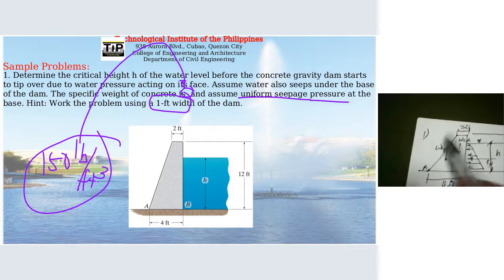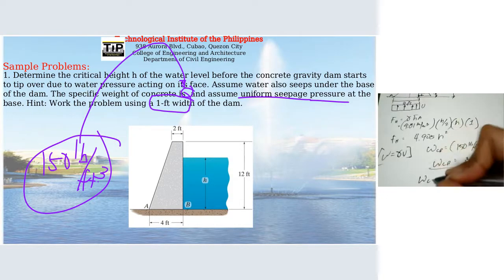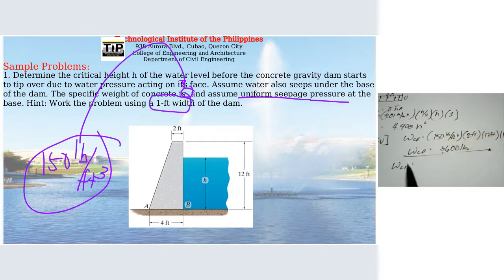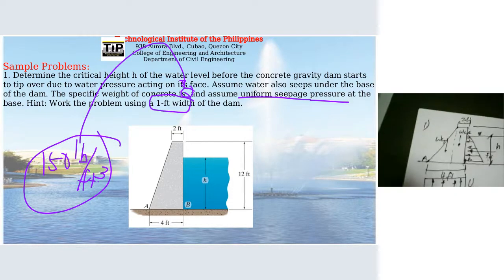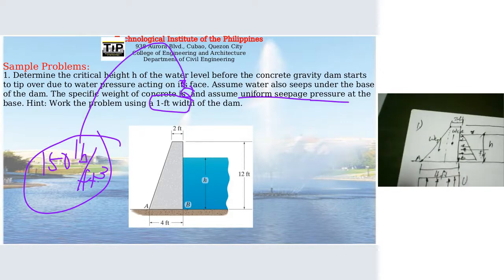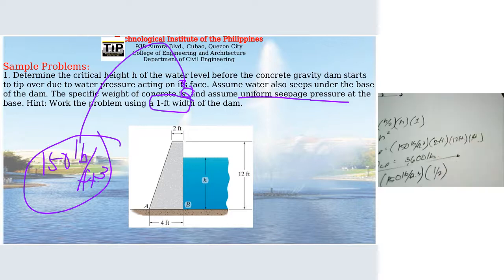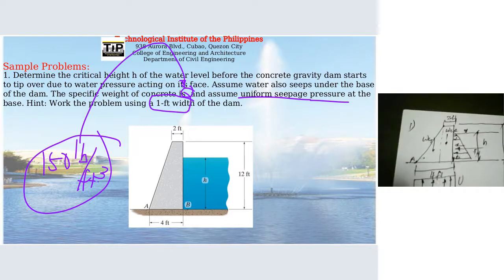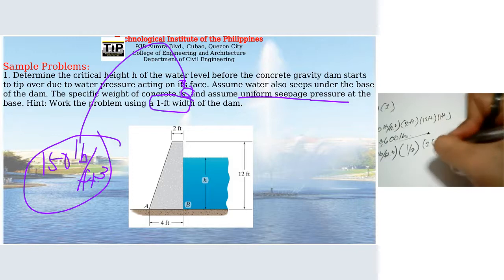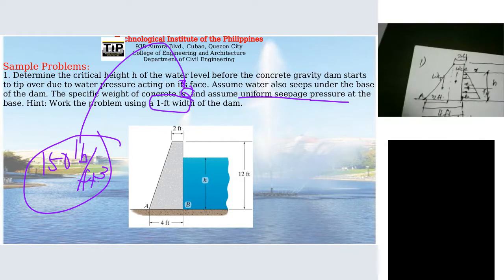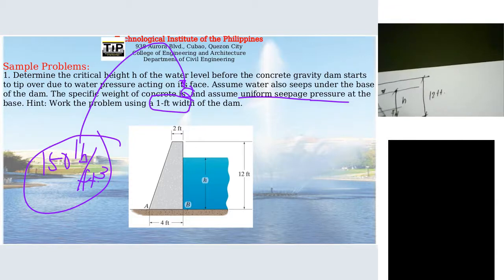Okay. What about the weight of the triangle? So unit weight 150. And then we multiply the volume. This is a triangle. So we have 1/2 base times height. So the base is equal to 2 feet. The height is 12.